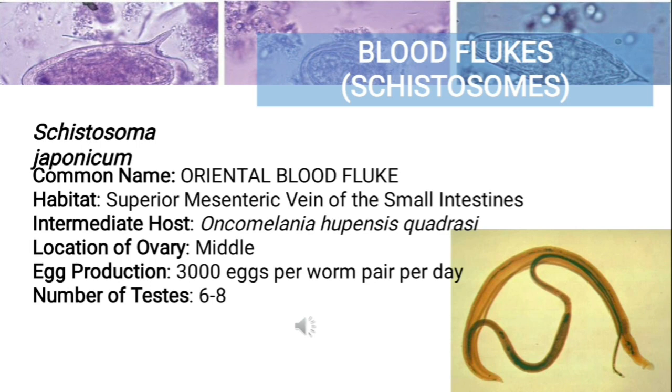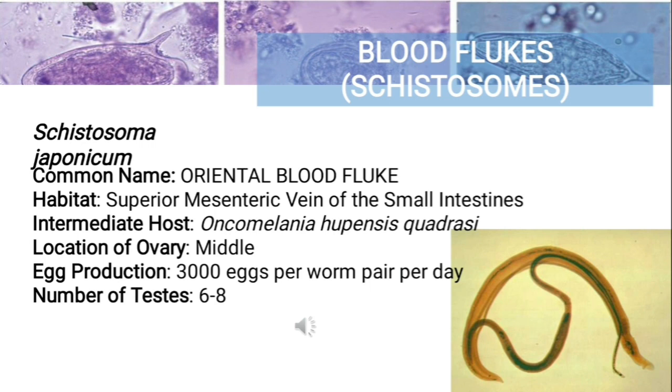Schistosoma japonicum, or the oriental blood fluke, causes Schistosomiasis japonica. It is endemic in China, the Philippines, and Indonesia. It was first described in Japan, but has been eliminated, with the last human case reported in the year 1977.